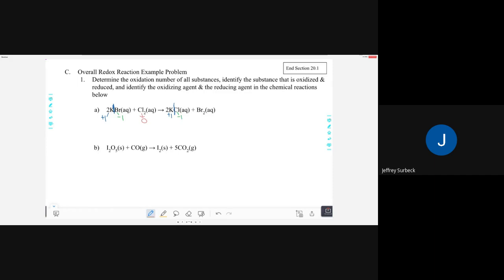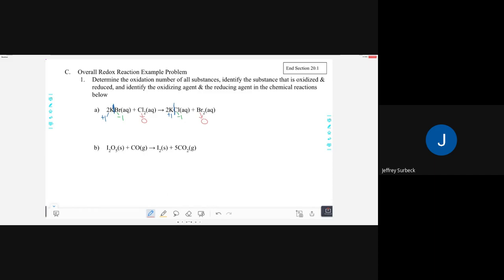Okay. So the first thing that we're going to do is we're just going to go step by step and figure out, hey, does this thing have a change from left to right in its charge? So potassium, K, +1 on the right, also +1. Anything happen there? No, so we don't worry about it. Br now goes from -1 to 0.